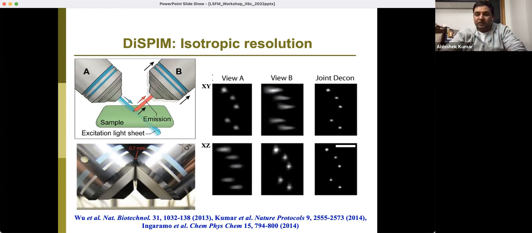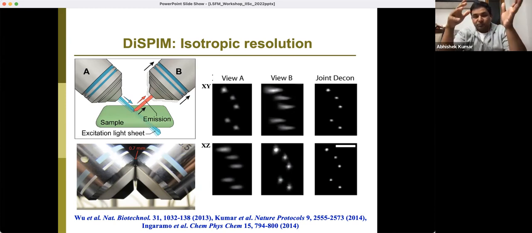more isotropic information. And in many cases, it's useful if you are looking to track a particle in a three-dimensional environment. You have a better resolution to track that particle. But again, this requires that you are imaging or dosing your sample twice.